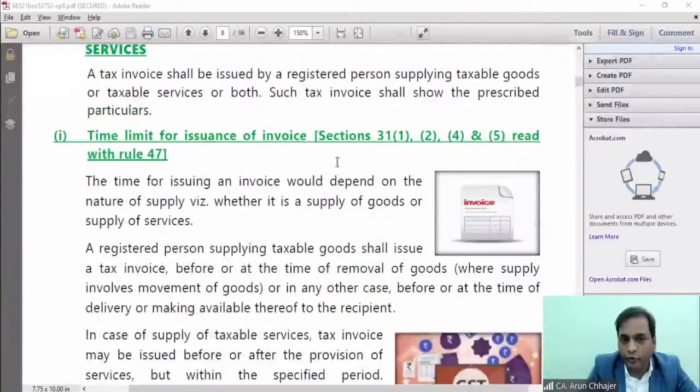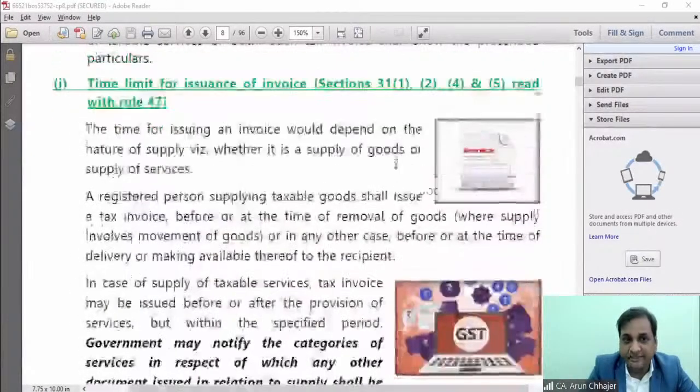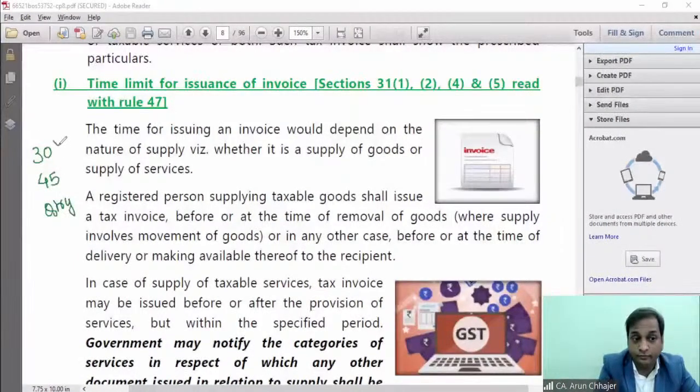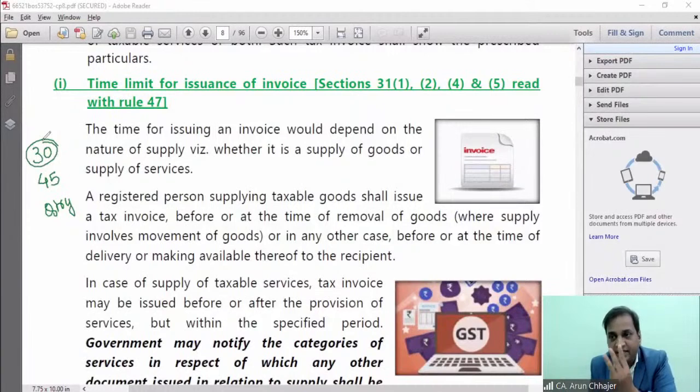Now, the time limit to issue the tax invoice for goods is on or before the removal, but for services, we will discuss. Normally it is 30 days. Sometimes it can be 45 days and sometimes it can be quarterly also. For services, three time limits we will discuss. Normally 30 days.